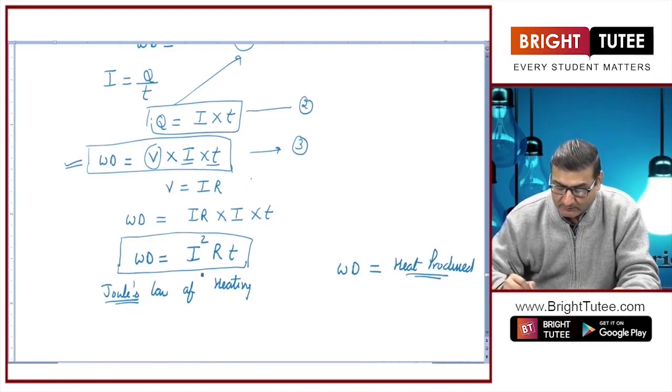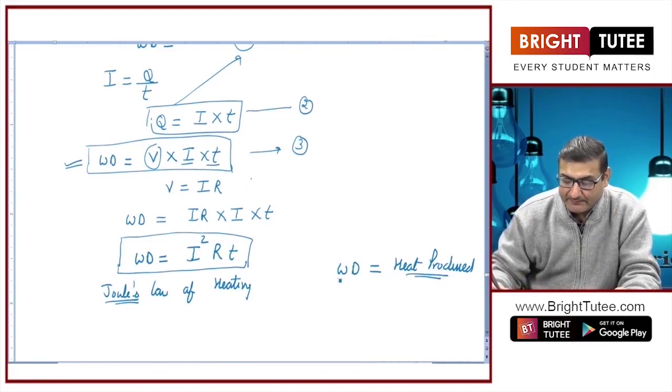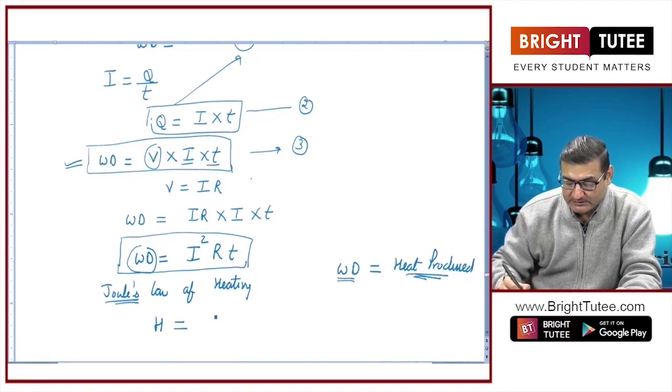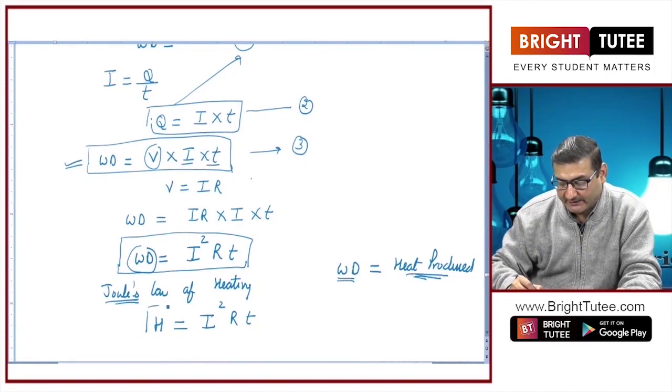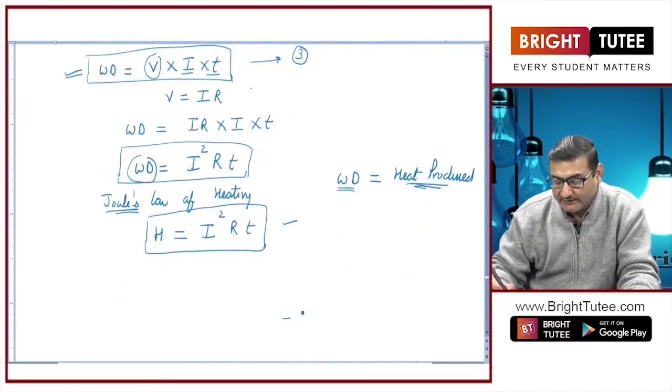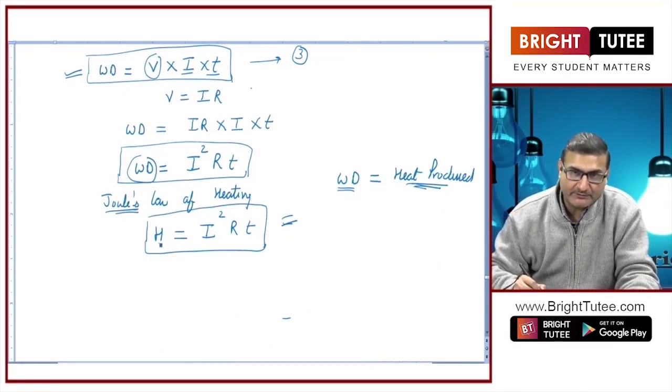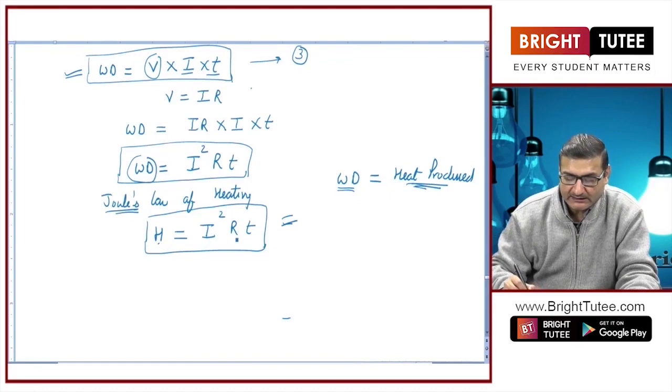Because of Joule's law of heating, I can replace work done with heat produced. So heat produced is equal to I square RT. This is the actual equation that we will be using in our numericals: H is equal to I square RT. H is the heat produced, I is the current, R is the resistance, and T is the time.